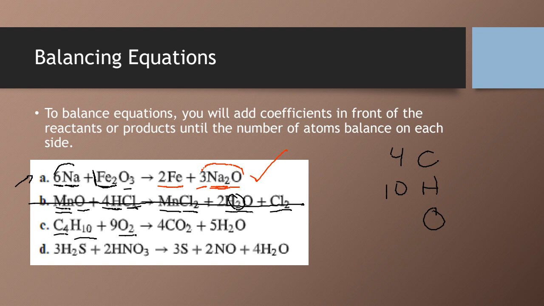On the right-hand side, we now have 4 CO2, so 4 times 1 will give us 4 carbons. 4 times O2 will give us 8 oxygens. Here we have 5 water molecules.